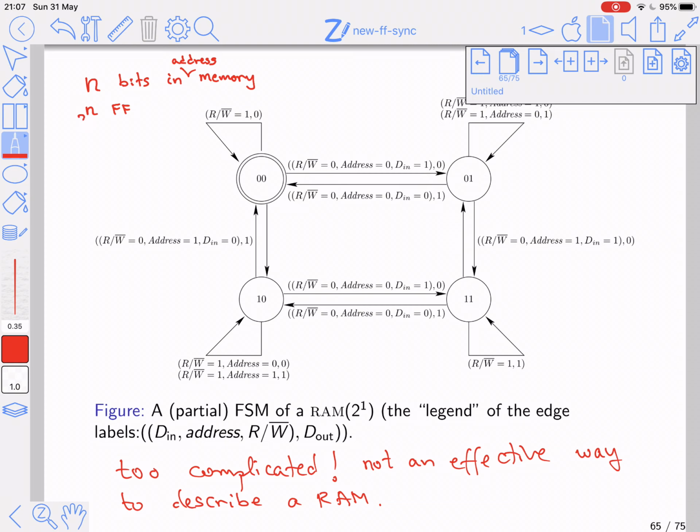That means that I have 2 to the n different flip-flops, and that means that the number of states is 2 to the power of 2 to the n. So it's not 2 to the n, it's 2 to the power of 2 to the n. Sorry for the mistake I said before. And as you can see, even for very small values of n, the number of states is way too big, and therefore this way of trying to explain the functionality of a RAM by a finite state machine is highly inefficient.